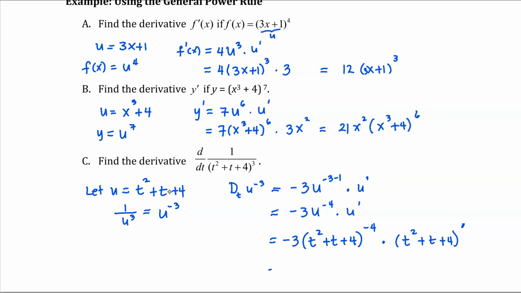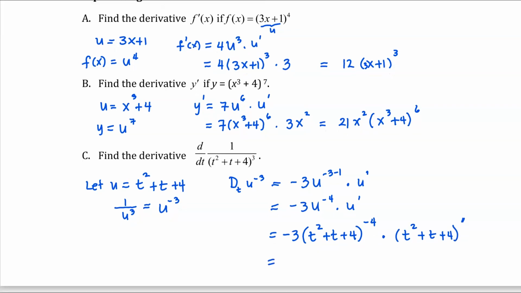So this is just equal to negative 3 times t squared plus t plus 4 raised to negative 4 times 2t plus 1. 2t plus 1 is the derivative of t squared plus t plus 4. And then again, you can input your answer like this when you are doing your homework.